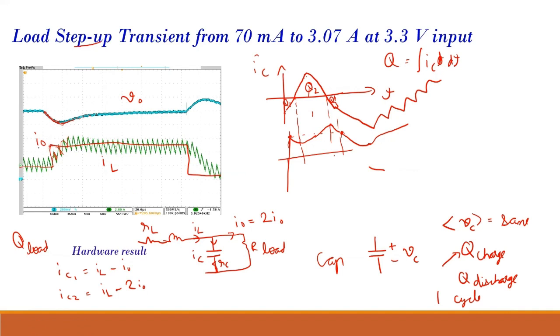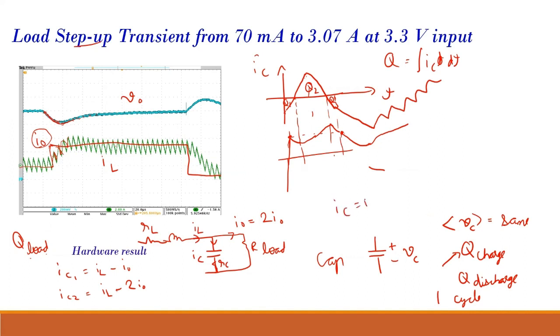This is your output load current. Why is it changing in a stepwise manner? Because you're turning the MOSFET on and off, and that resistor is getting connected and disconnected. The average of inductor current is the output, so the output current won't have this step; it will increase along with the inductor current.